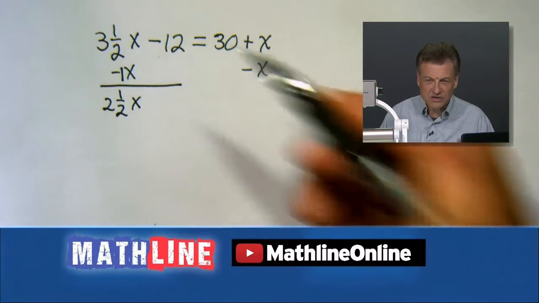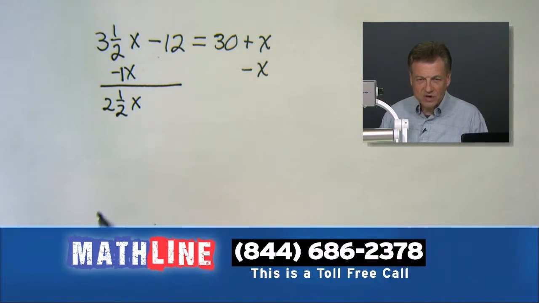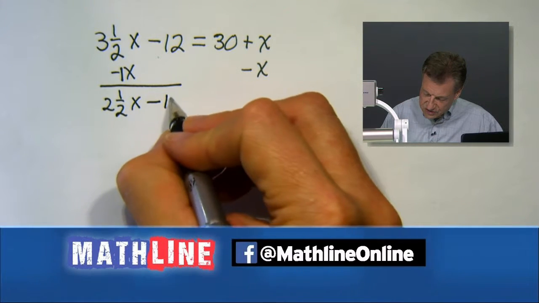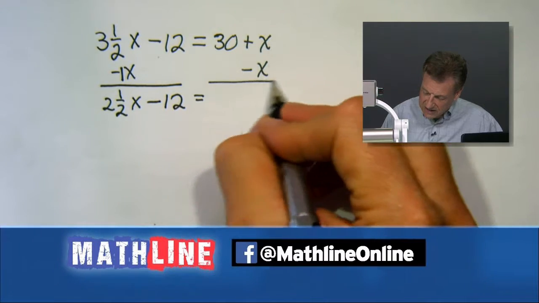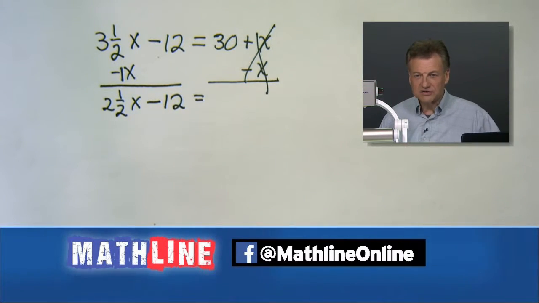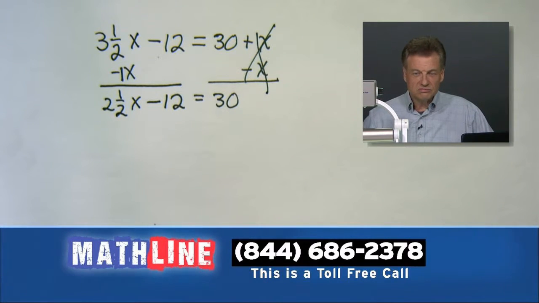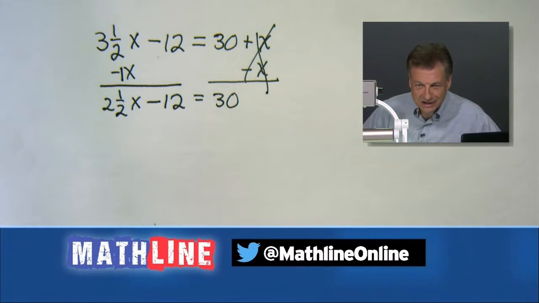See where I got that? Just taking 3 minus 1, keep the 1/2. Are you with me there, Michael? See what happened? Yes. And we got a minus 12 over here. Now these x's are gone, so I'll put a big X through them. Equaling our 30 value. So far, so good. I like it.